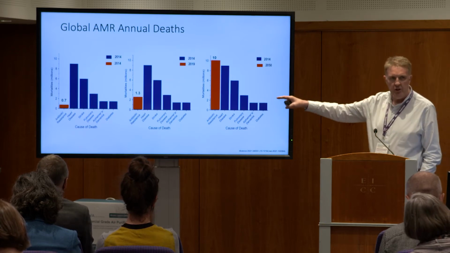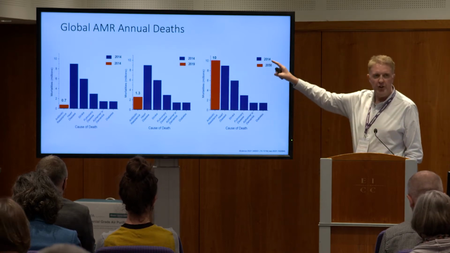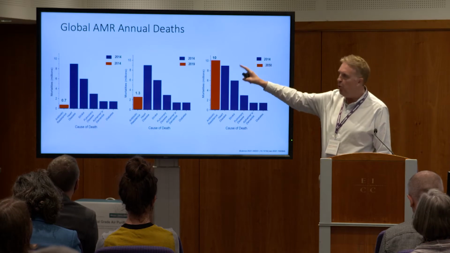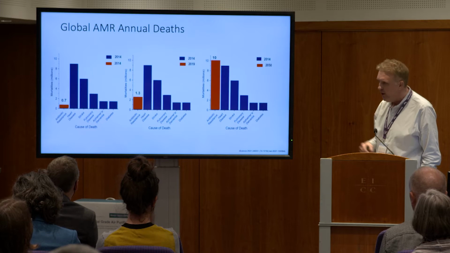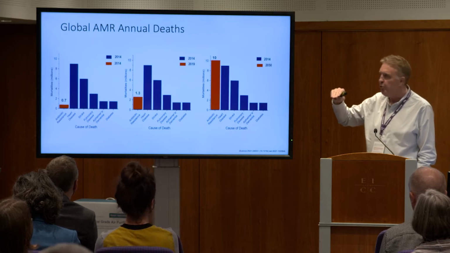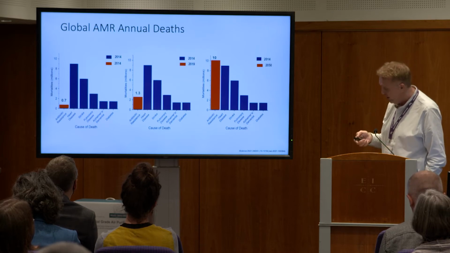This projection, this one in 2019, is dead on. People have criticised the figure that the O'Neill report took, saying it was a guesstimate. This 2019 figure is bang on target. This is what you would expect, maybe 1.3 million in 2019.